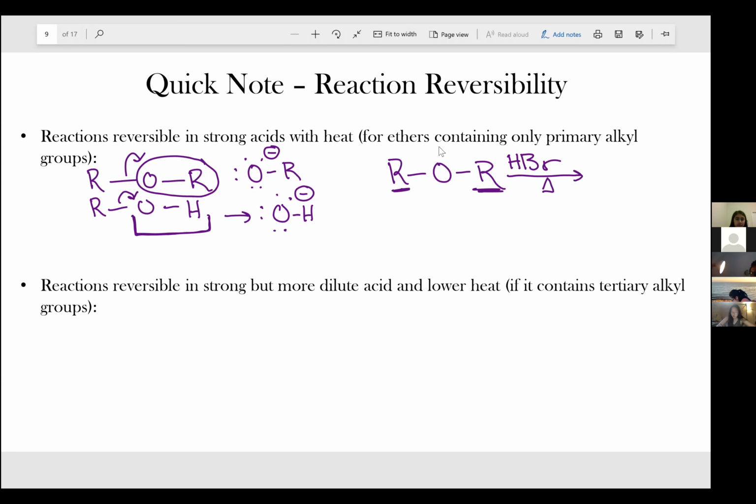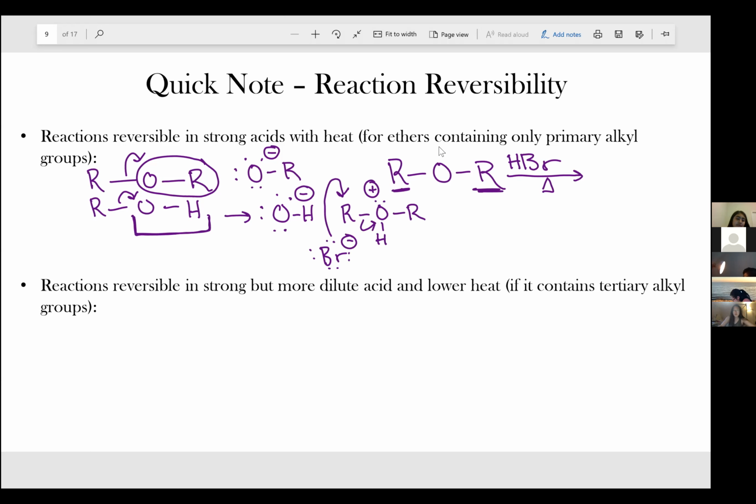And the reason behind this is because when we treat this with a strong acid, we're going to protonate our oxygen, so then it'll get that positive charge. And then our Br minus, our nucleophile, in these conditions can come back and do that SN2 type reaction.